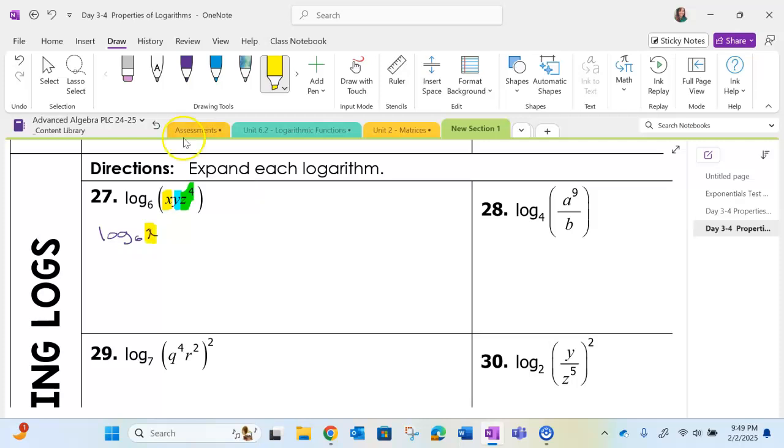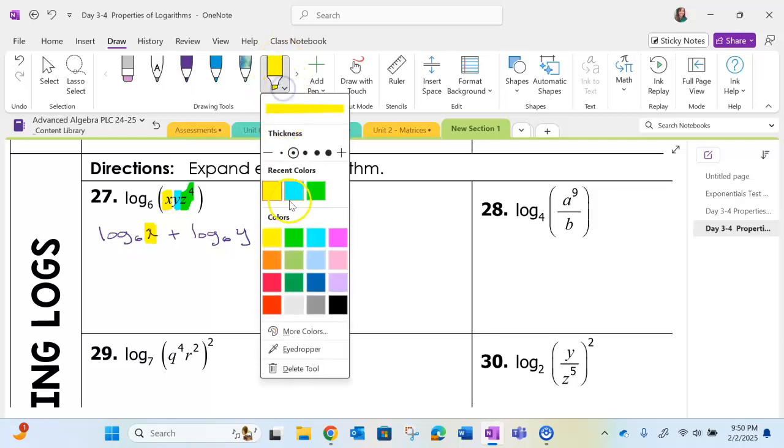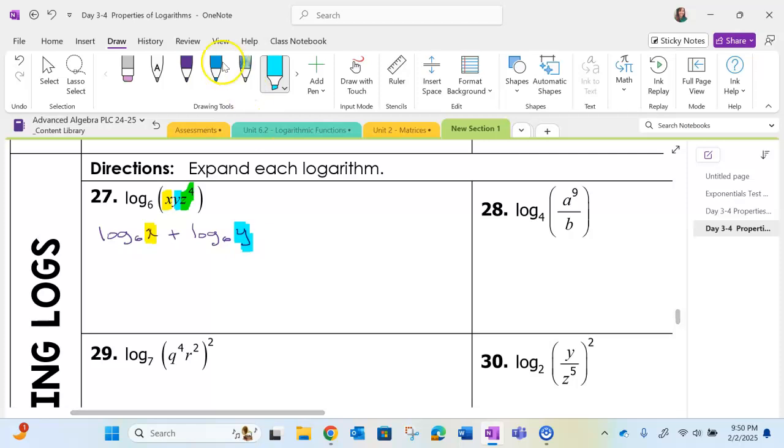So here's the first one. We're multiplying, so there will be pluses the entire time. Now we're going to split the next one up. Log base 6 of y. All right, that's the second one. Now we're still multiplying. We're going to do log base 6 of z to the 4th, okay?